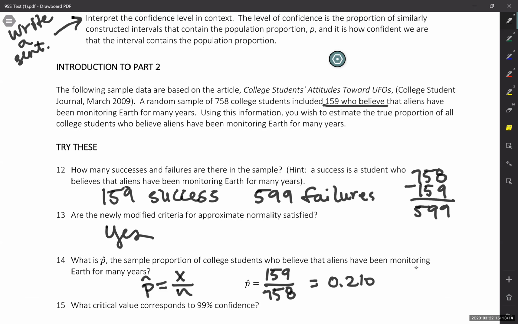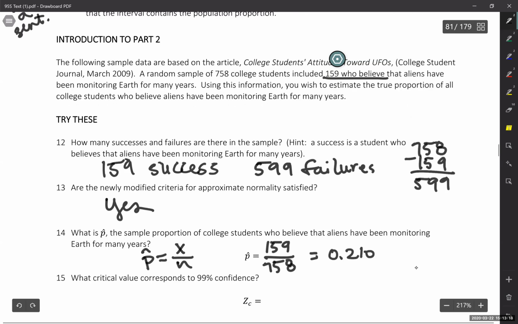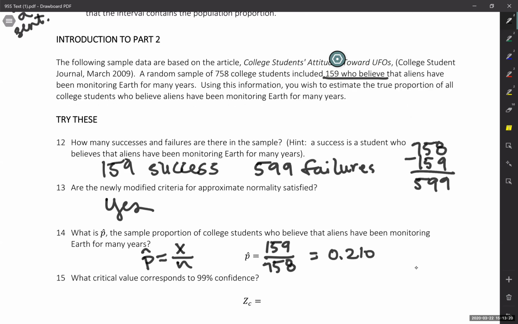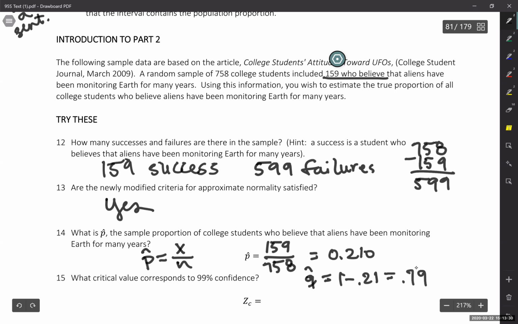And remember, the way this book wrote the formula, they don't actually write a space for q hat, so I'm just going to write a little q hat right here: 1 minus 0.21. So I get my q hat is 0.79, or 0.790.